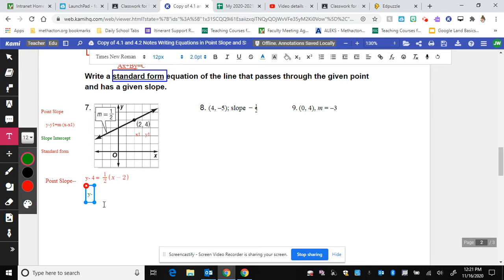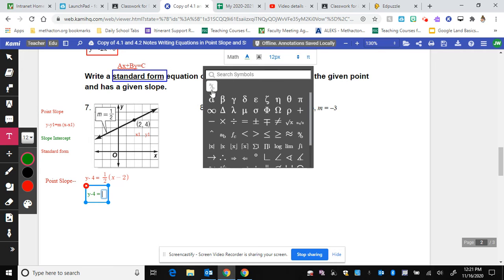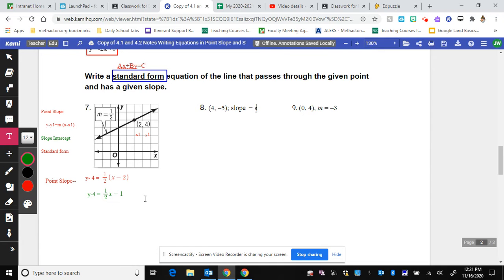So I'm going to bring down my y minus 4 equals, and now I have 1/2 x and 1/2 times -2 gives me -1.